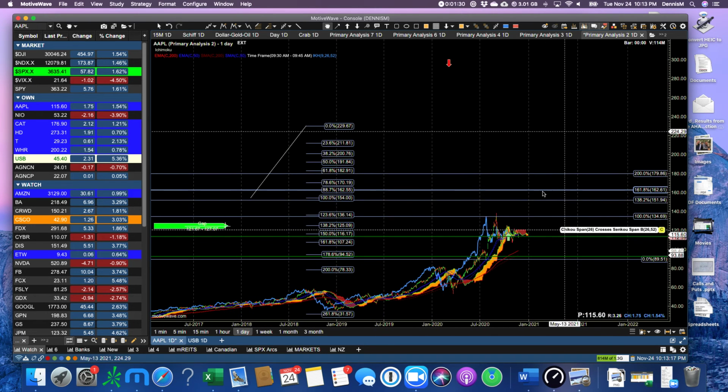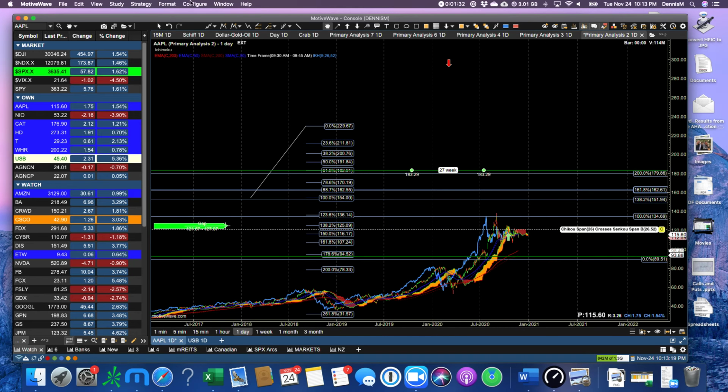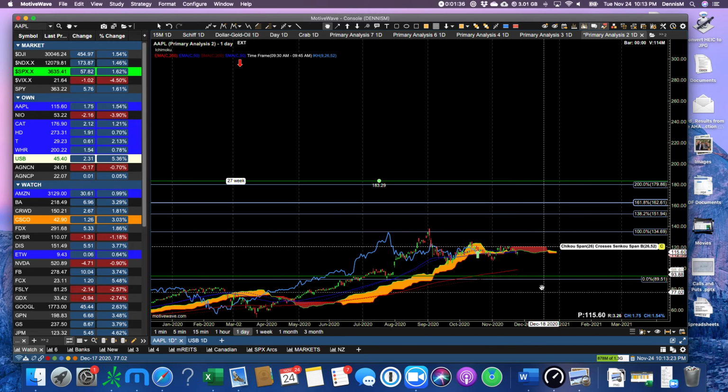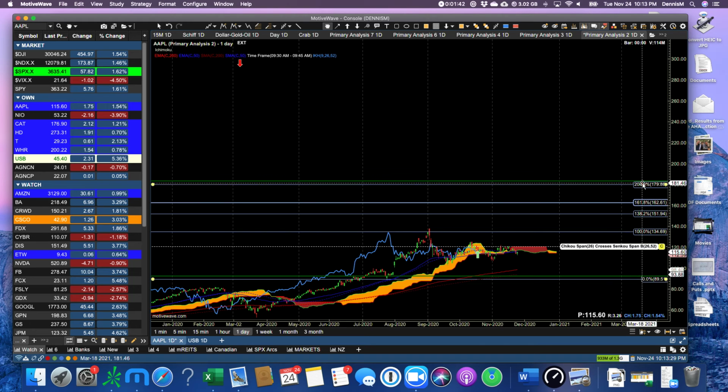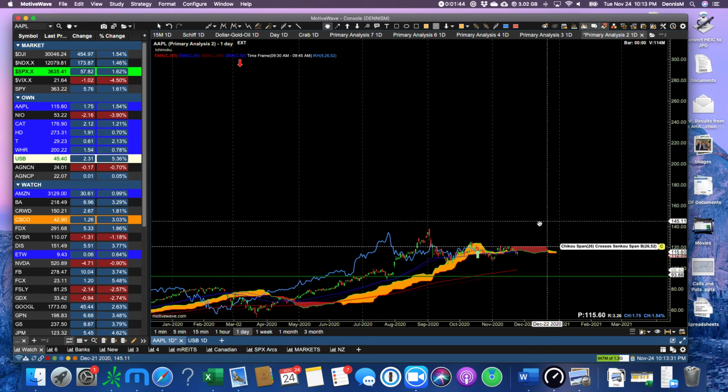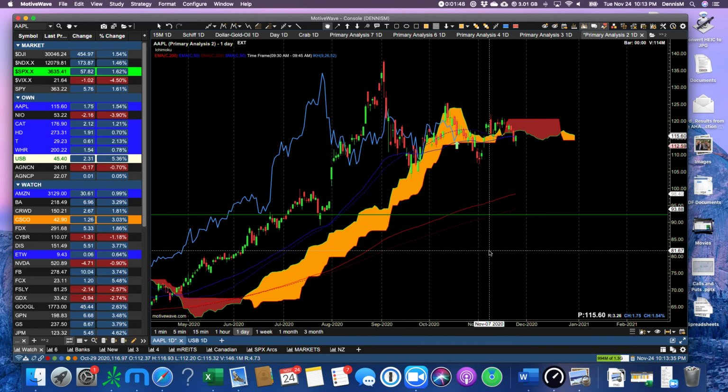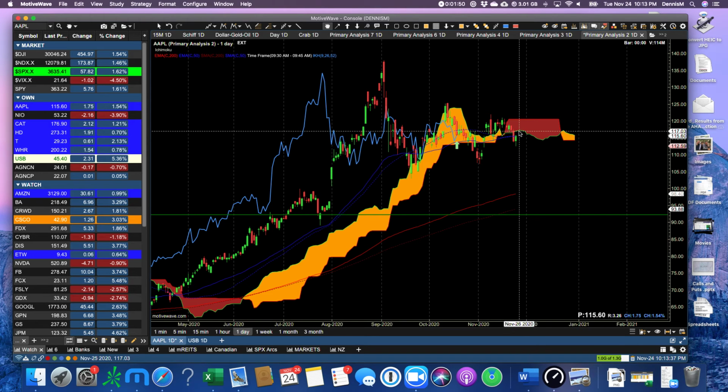So Apple still below the cloud. Got to get rid of some of these lines here so we can get a reasonable chart. Apple is still below the cloud.